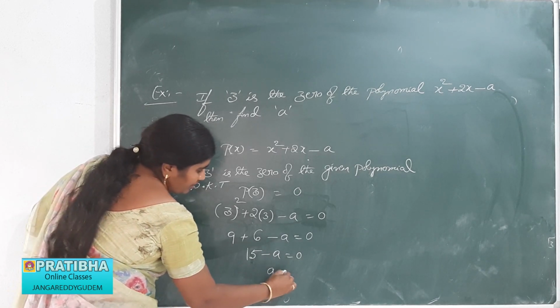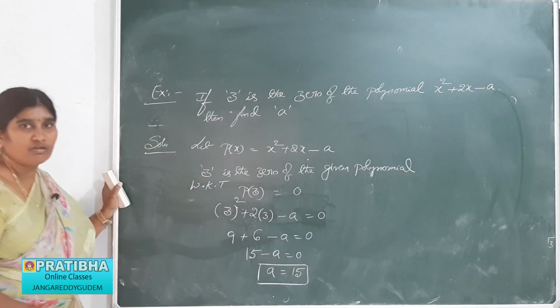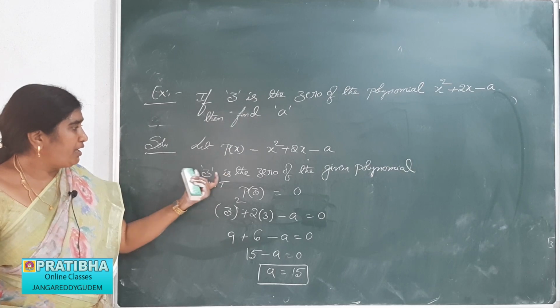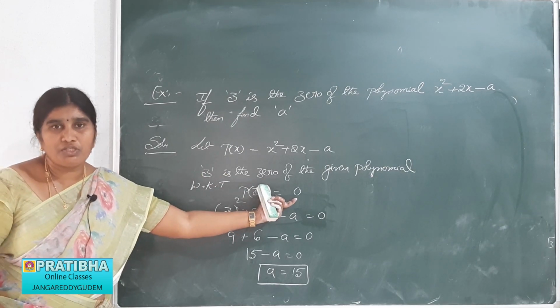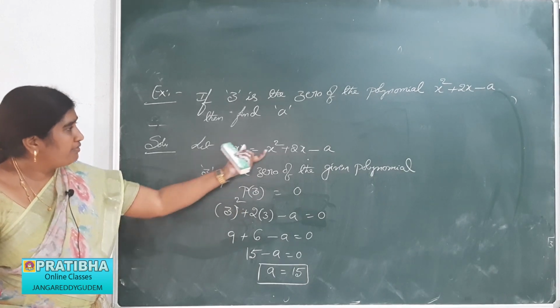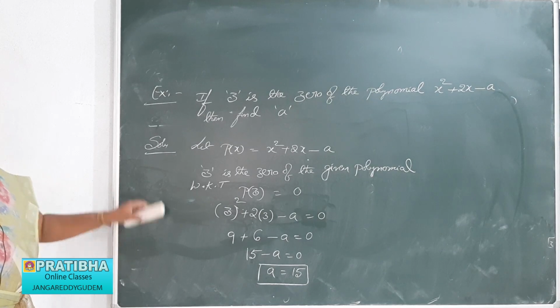So a equal to 15. Given 3 is the 0 of the polynomial, we know that p of 3 equal to 0. Substituting x equal to 3 in this polynomial, then a equal to 15.